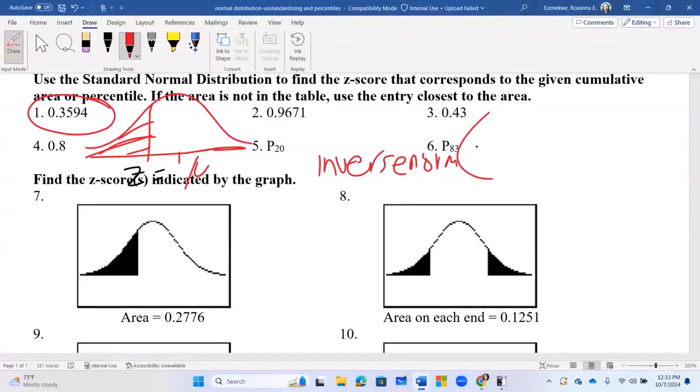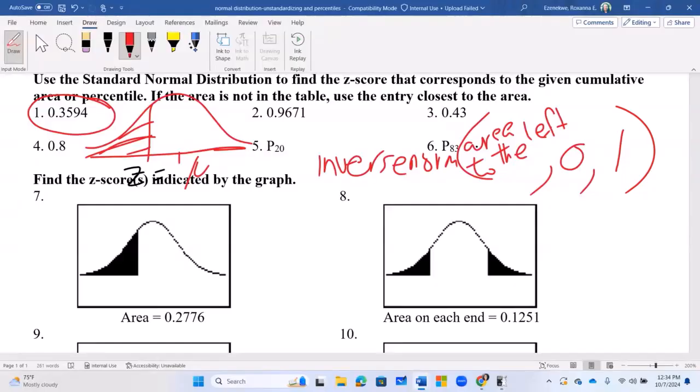Now inside the parentheses, I will write area to the left, comma, the mean, normal is 0, and standard deviation is 1.